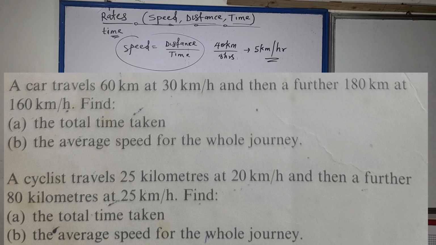All right, let's get into it. You can see the question. A car travels 60 kilometers at 30 kilometers per hour.